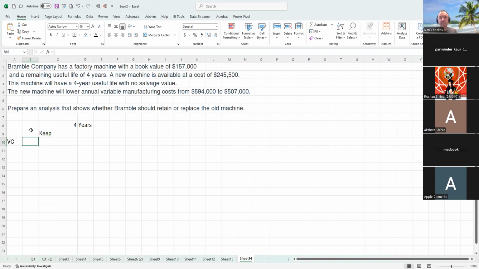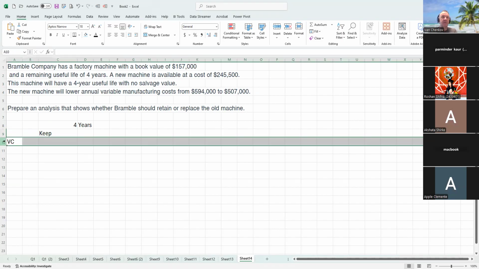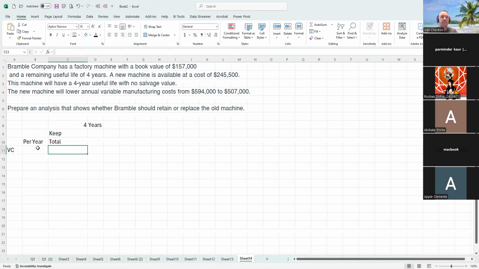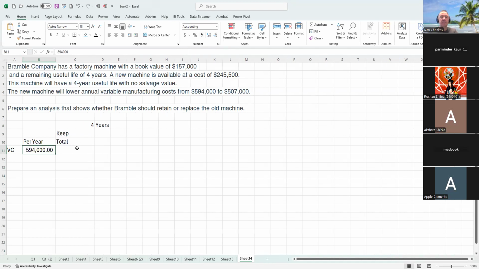Divide by 4. Let's go per year. Insert per year and total. How much per year? 594, 1, 2, 3. In total, this one times 4.